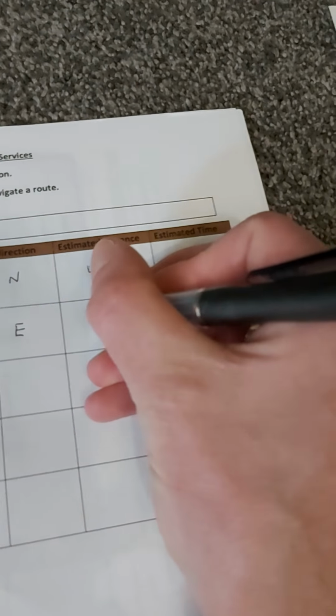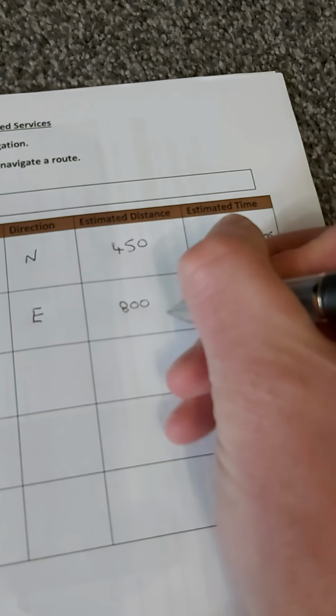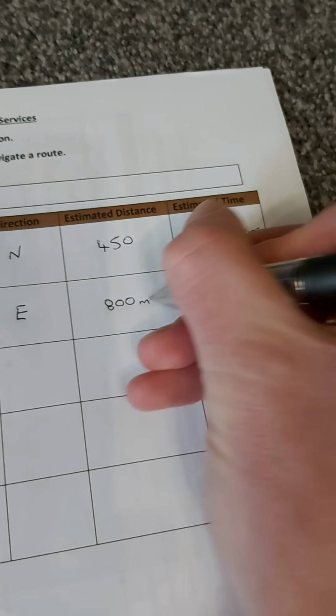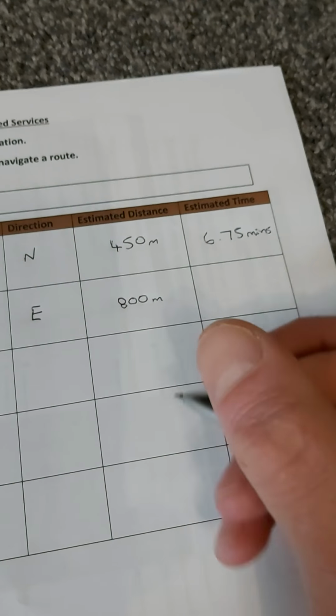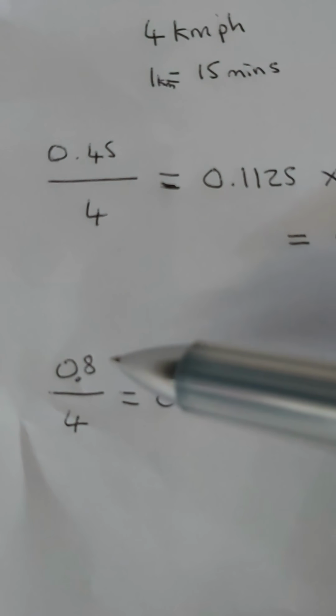800 meters. So that'd be 0.8 kilometers. So again, I'll go back to my calculations. This time, in my calculator, 0.8, 800 meters, remember? 0.8 kilometers.